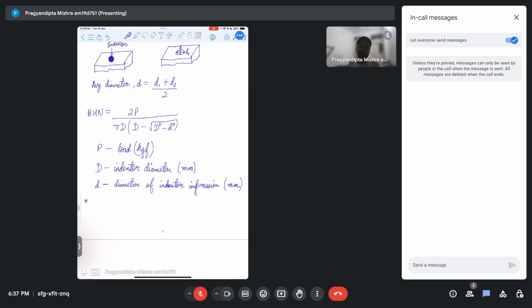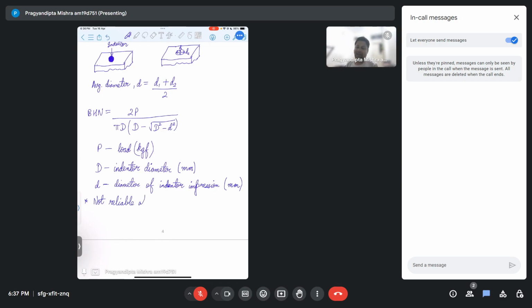We will not see much reliability for this kind of test because we are using a steel ball or tungsten carbide ball. It will be very difficult for us to indent once we reach those high values, especially if you're using a steel ball, because a steel ball is actually not that good in indentation.